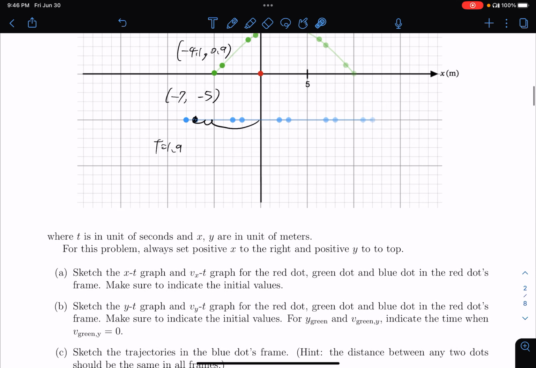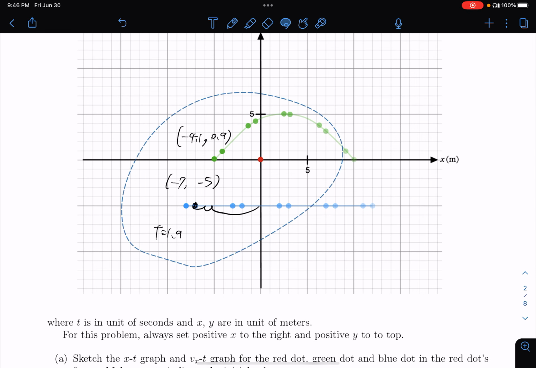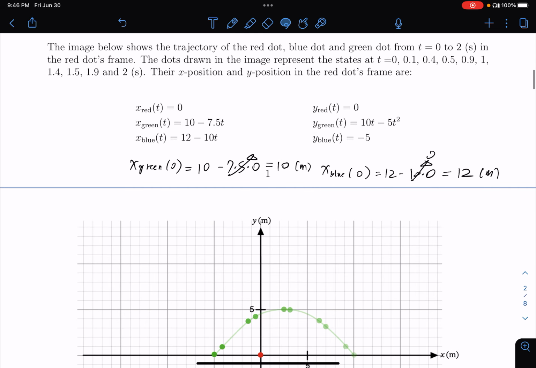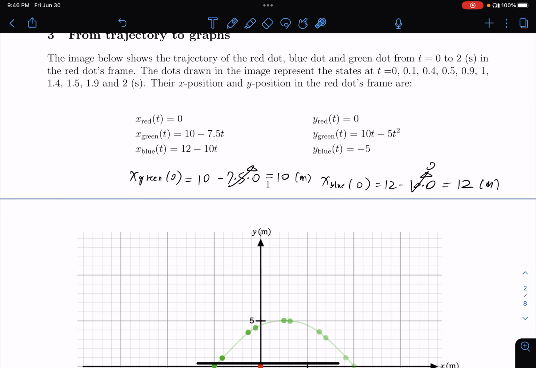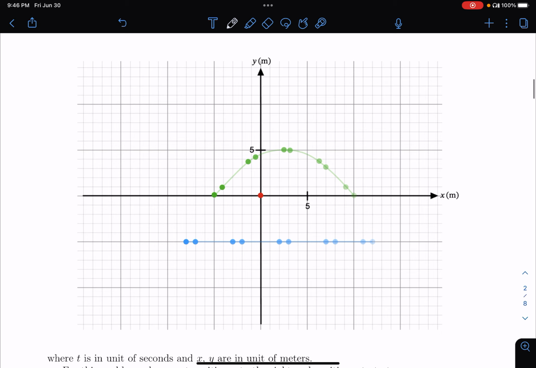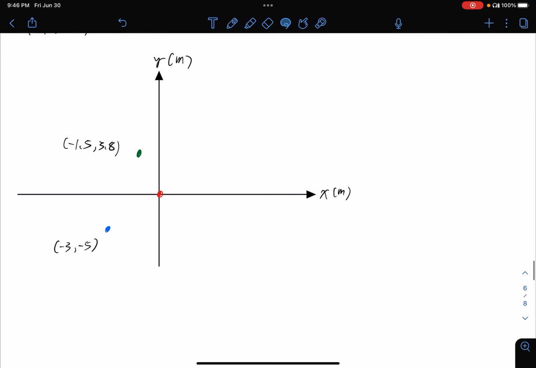Good. Our final point is t equals 2, and when t equals 2, this arrives at -8 and -5. This is -5, and it is on the x-axis, so y is 0. So this is t equals 2 seconds.